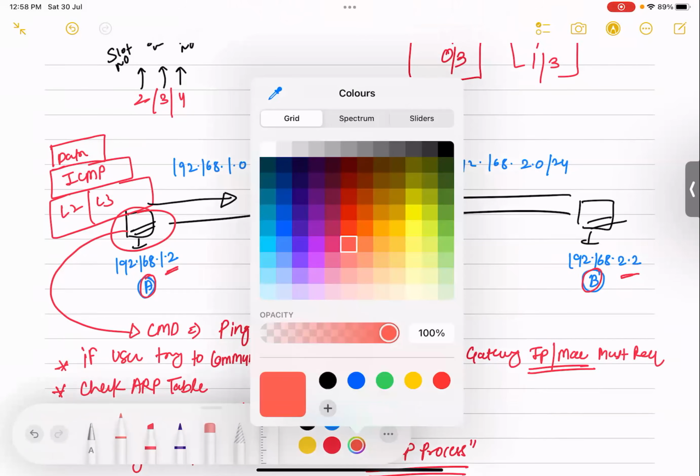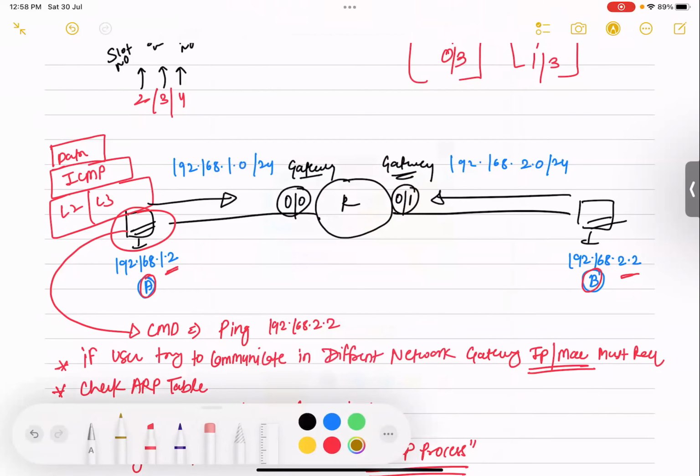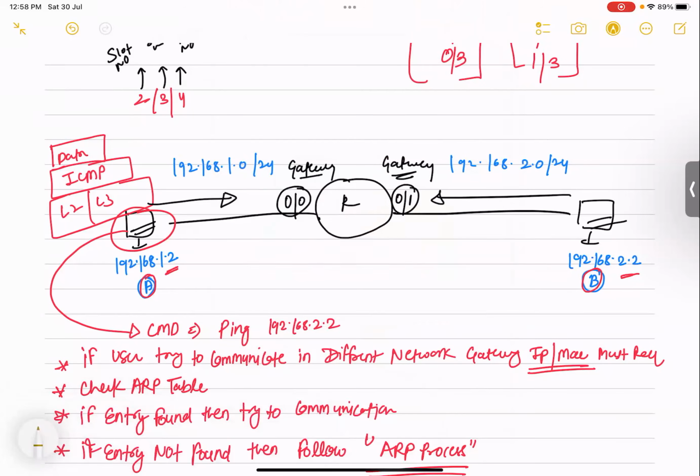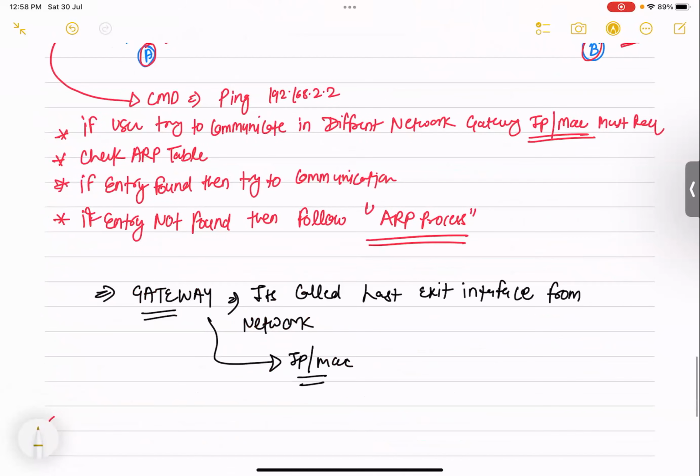Now, one more thing. In real time, which IP is the gateway IP? The gateway IP must be the last IP, or you can assign the first IP, because it is identical.